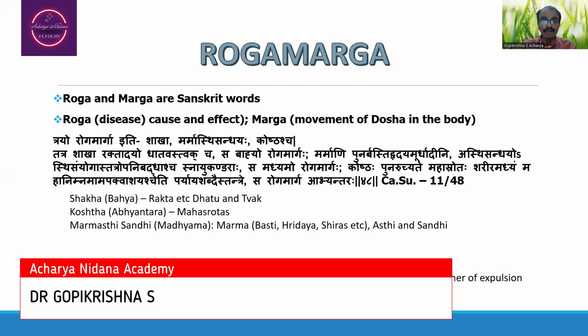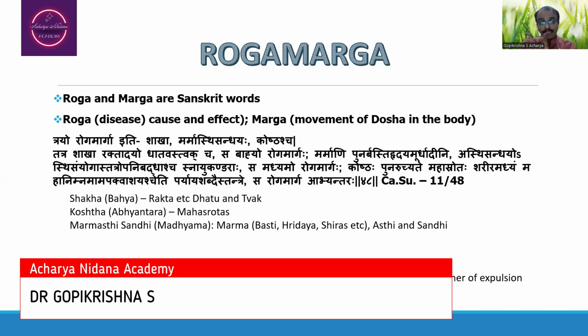For example, if the entry of the pathogen, or the Nidana, is through the mouth, the clinical manifestations are observed initially in the mouth, then in the esophagus, then the stomach, small intestine and large intestine. In that way the movement of the pathogens takes place, and based on that the person will have abnormal functioning of the dosha in these particular organs or avayava.